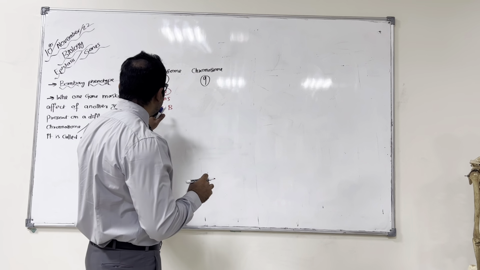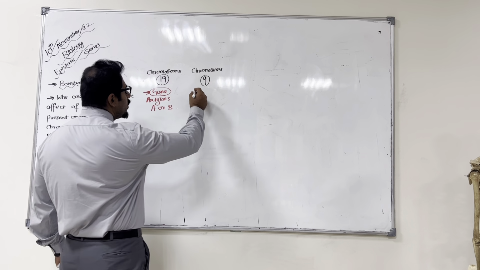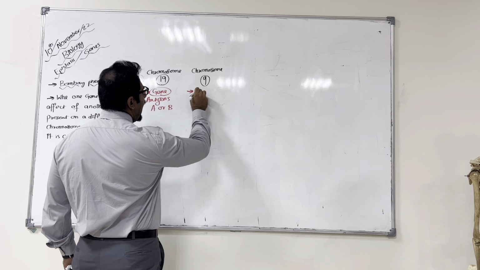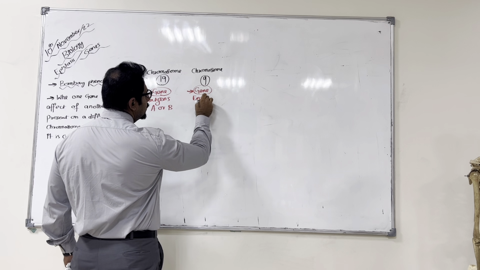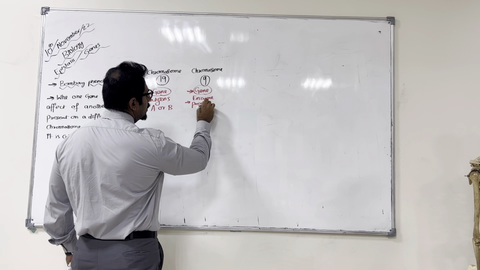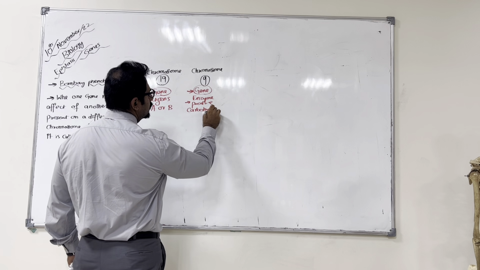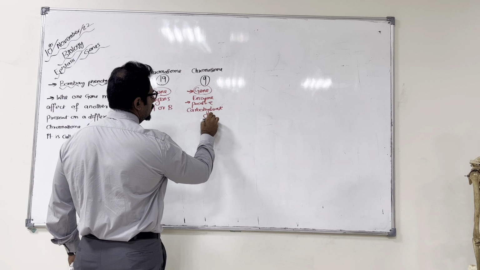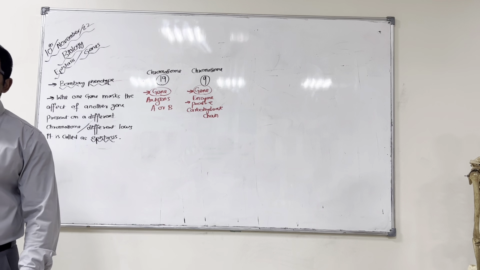It has the gene for the antigens A and B. While chromosome number 9 has a gene for an enzyme that produces a carbohydrate chain.